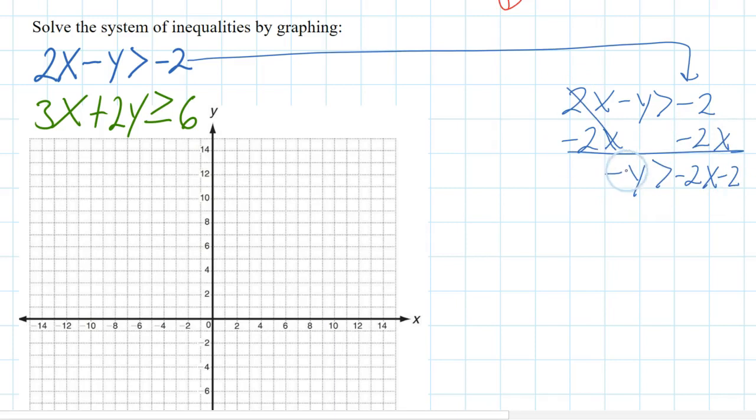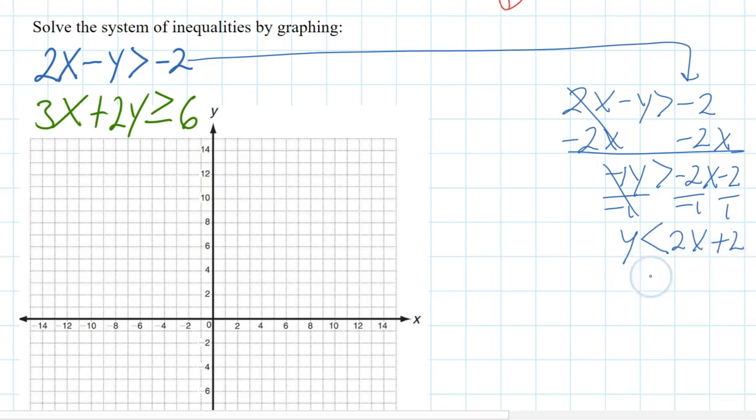Remember, there's an invisible 1 in front of the y. In order to get rid of that negative, we divide everything by negative 1. Whenever you multiply or divide by a negative across an inequality, you always have to flip that inequality sign. That gives you y is now less than positive 2x plus 2.